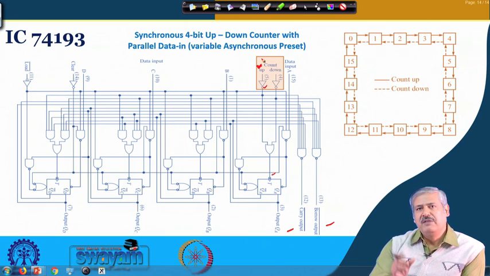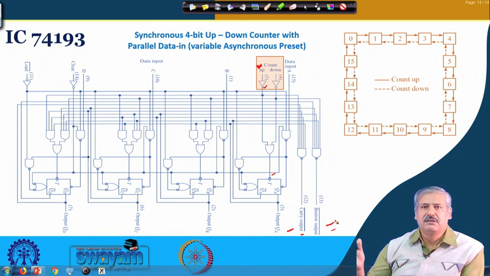Whenever the count up clock input goes low in the second half of the cycle and the value is 15, at that time the carry output will be active, only for that small duration, as long as the clock input remains low. The borrow output happens in the other direction, when the count is going 4, 3, 2, 1, 0.